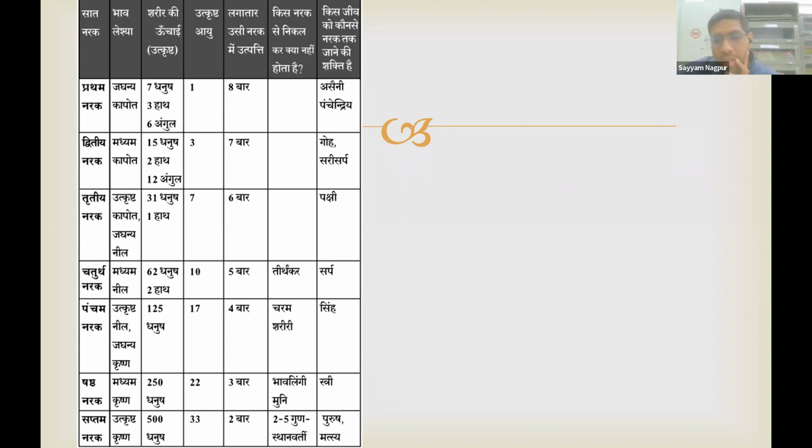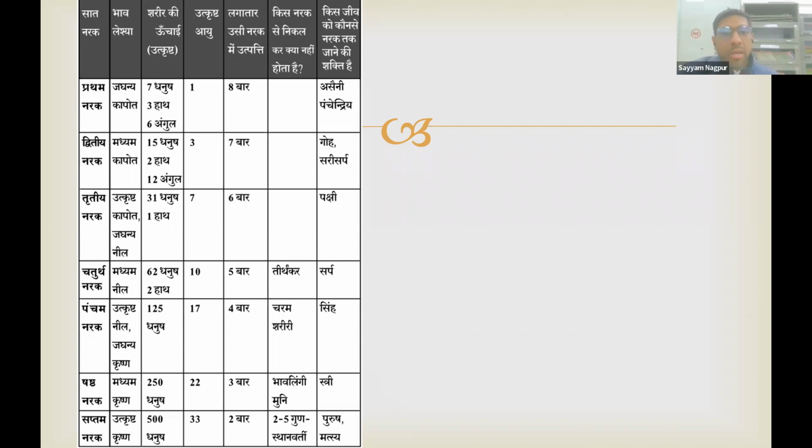So fourth narak people cannot become tirthankar. Fifth narak people cannot take birth and become gods. Sixth narak people cannot come out and become Muniraj. And seventh narak people cannot come out and take Samyak Darshan. So that is how a general structure of these naraks is explained.